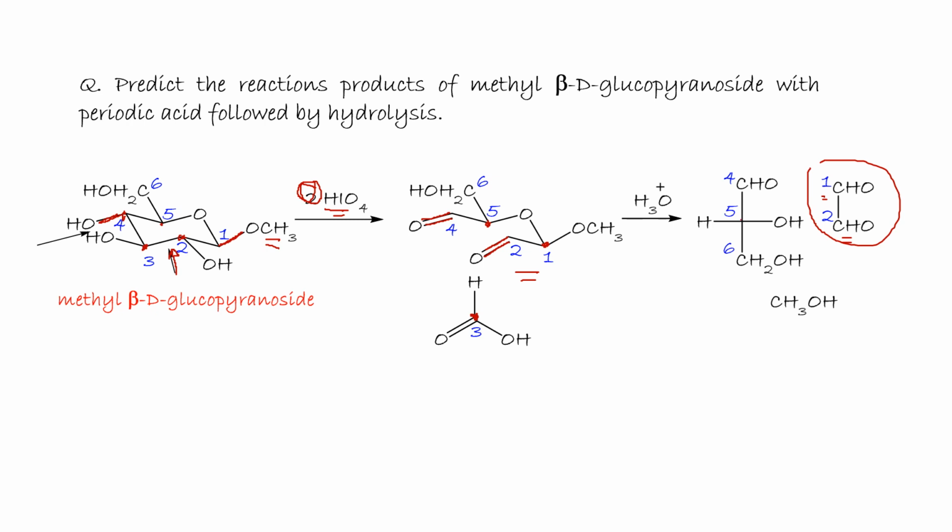What about here? This one retains the configuration and it will still be R configuration, and of course here is R for C5. Okay, and we get glyceraldehyde, and because of the hydrolysis we get methanol.